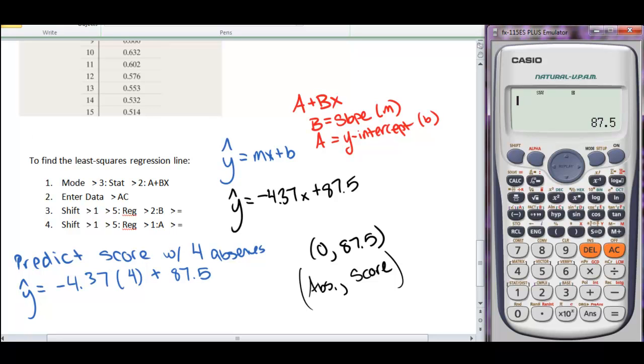So that's going to be negative 4.37 times 4 plus 87.5. And this gives us 70.02. So 70.02 is the predicted value.